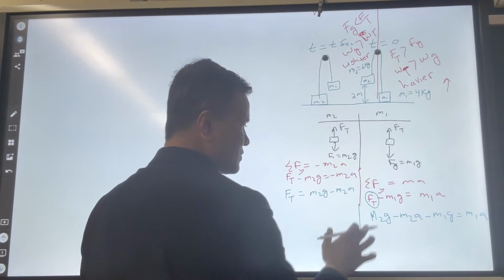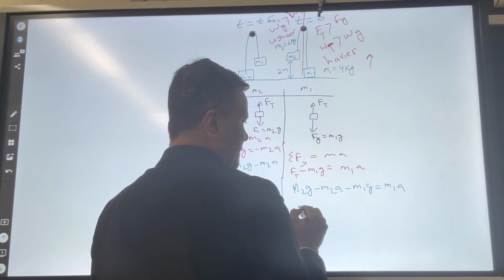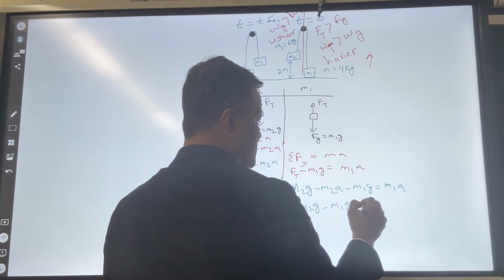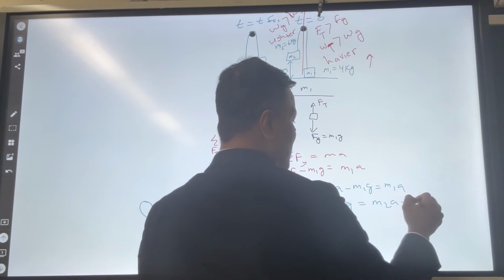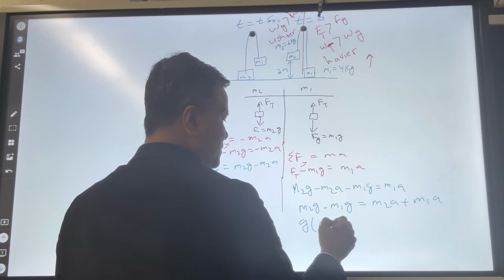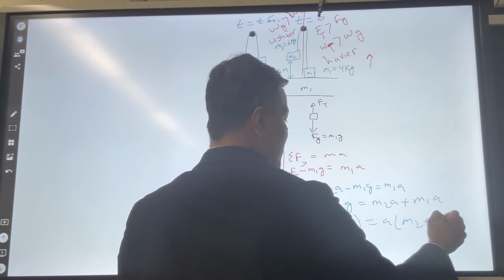Okay, we definitely can do that. So that becomes m2g minus m1g is equal to m2a plus m1a. So we factor out g, m2 minus m1, and we factor out a, m2 plus m1.